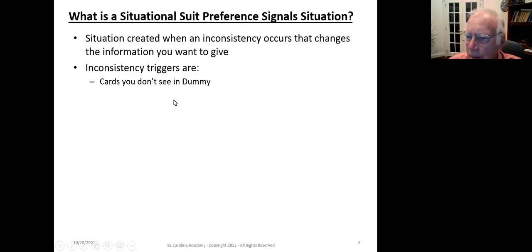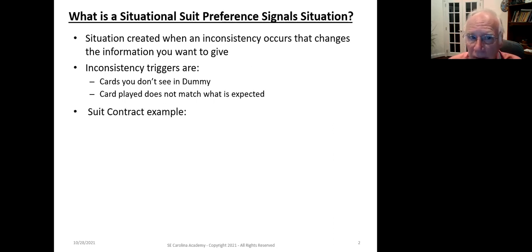In this particular case, it's when they have a singleton or a void, which tells you the information about the suit that has been led, which has a singleton or void, and changes what you would normally want to tell your partner. The second is when a card that's played doesn't match what is expected. There's several of these, and you have to pay close attention to the cards that your partner plays and what you play in order to detect when this occurs and take advantage of the information that's being conveyed.